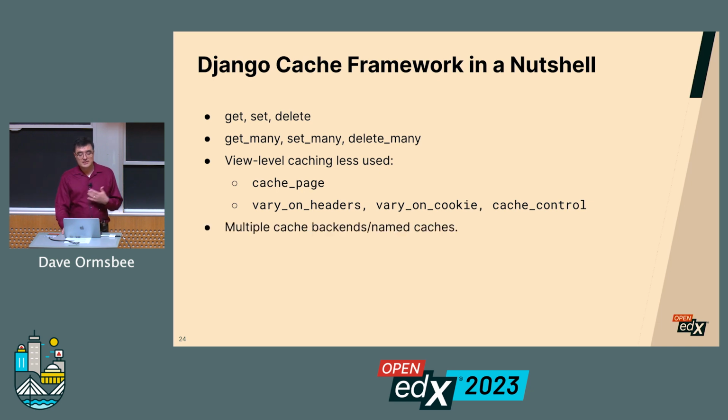It also supports multiple caches and multiple cache backends, though usually this is just Redis or Memcache. For our cases, it's Redis in any Tutor-based install, but orgs like edX, like 2U, still use Memcache.